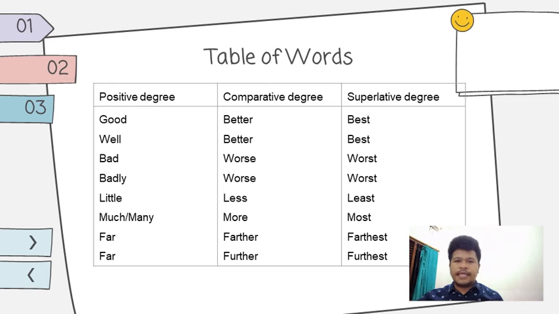Also, for the next words, well, bad, badly, little, much, many, far. You can see the difference between the positive one, comparative one, and the last superlative degree.